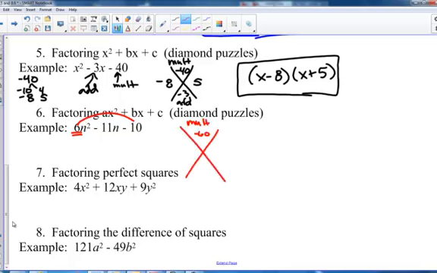So, well, let's just start writing our factors. 3 and negative 20. 4 and negative 15. 5 and negative 12. 4 and negative 15 add to give negative 11. So we're done. So negative 15 and 4.